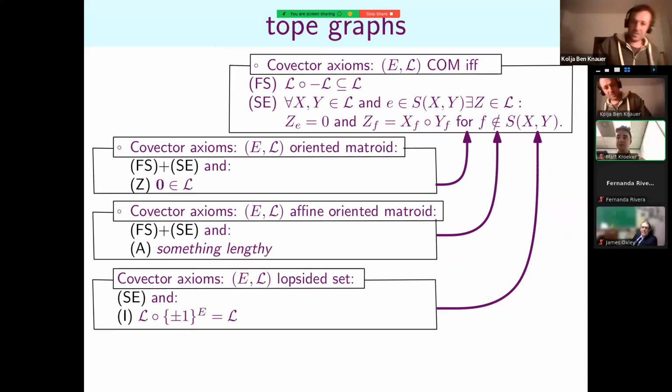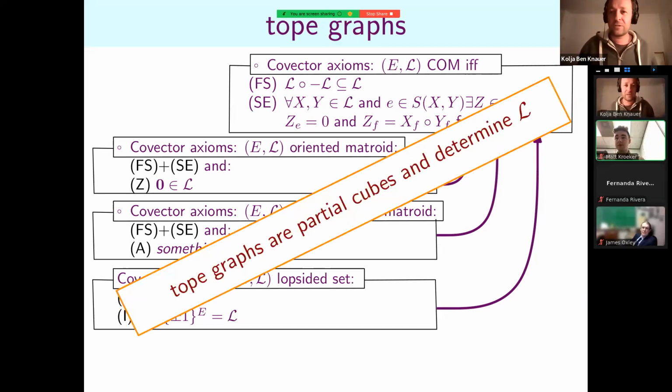Now I want to speak a little bit more about tope graphs. We have seen many tope graphs already in my illustrations; I use them all the time. These are just, again, these horrible axioms. I mean, not horrible, but hard to read. What they all have in common is that in each of these classes, you take the tope graph, and this will be what is called a partial cube.